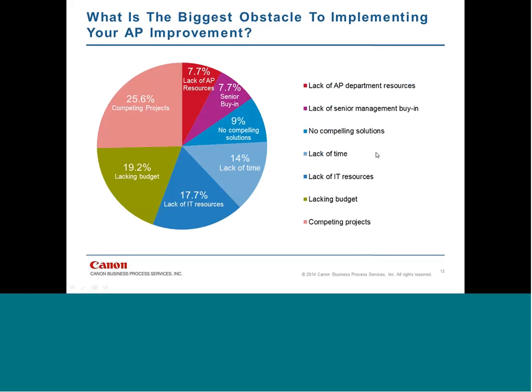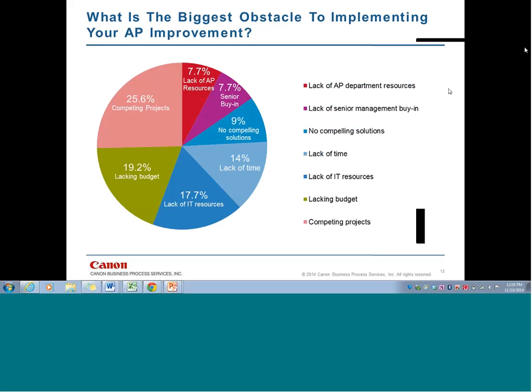Okay. Another question we asked, question 20 in the survey: what is the biggest obstacle to implementing your AP improvement initiative? I thought this was revealing, and the way we summarize it is as follows. The AP professionals report they don't have what they need to implement their plans.